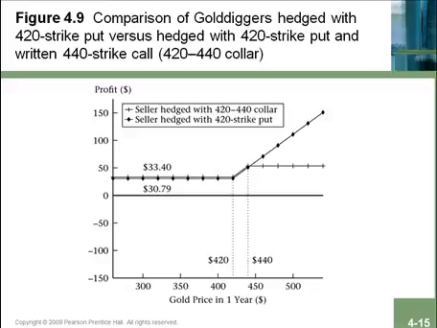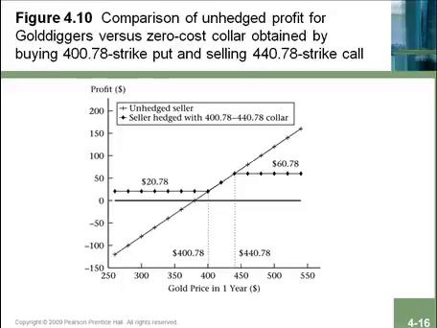There are a number of interesting types of collared positions and similar types of risk management arrangements that you can try. We're not going to get too deep into this subject at this point, but you could try to arrange it so that the cost of the collar was zero at the beginning. So one way to set up a zero cost collar would be to buy a put at a 400.78 strike price and to sell the call at the 440.78 strike price.